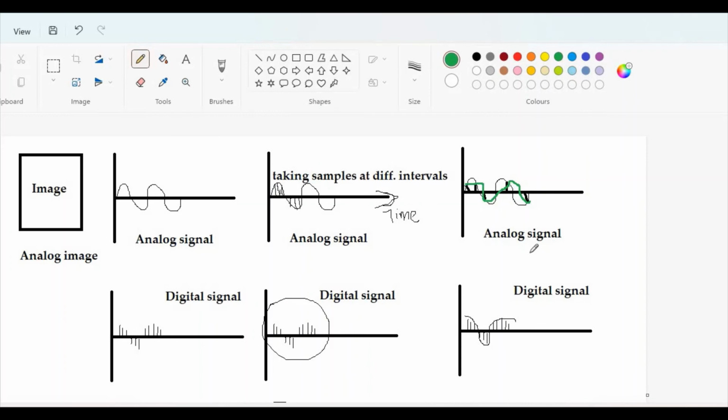And that's where you need to use filtering. Filters are used, and those specific extra frequency components are removed so that the image can be as close to its original form as possible.